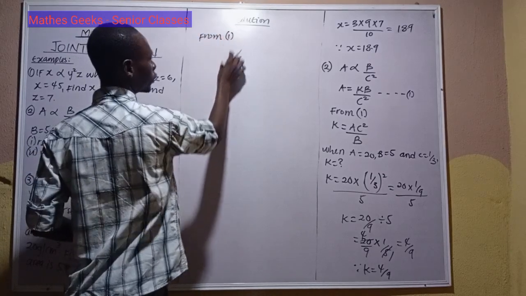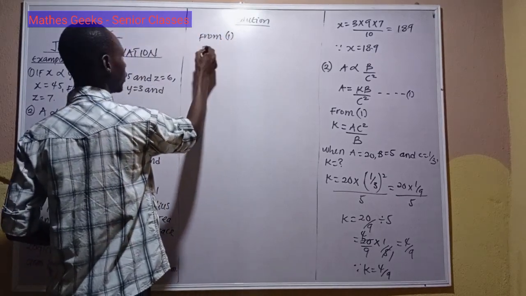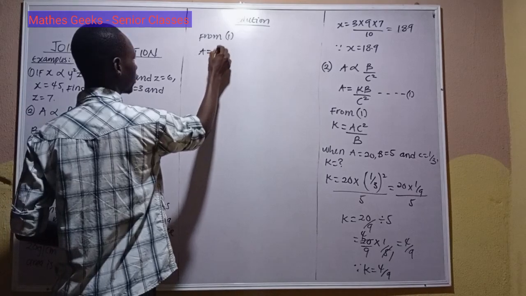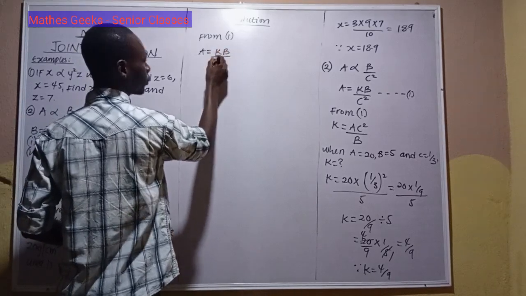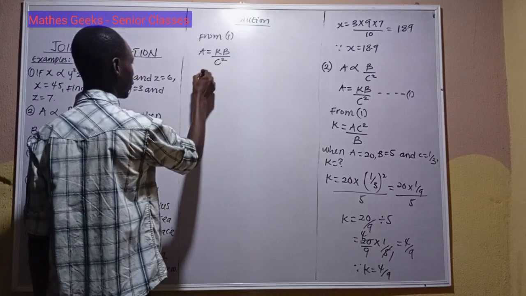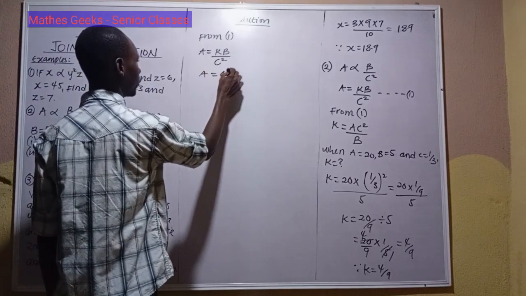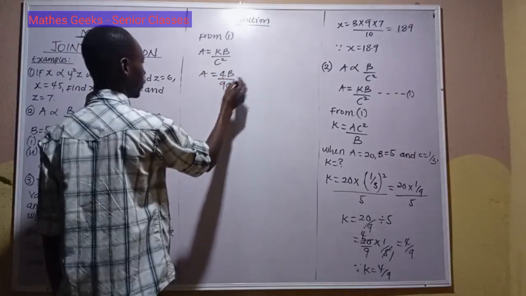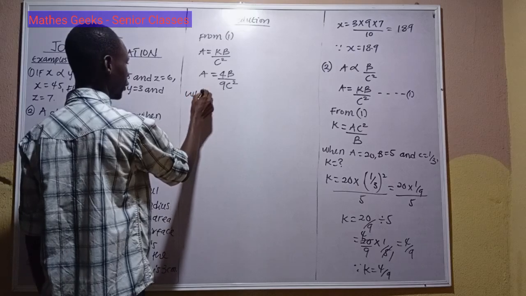From equation 1, A is equal to kb over c squared, where q is equal to 4 over 9, so A equals 4b over 9c squared.